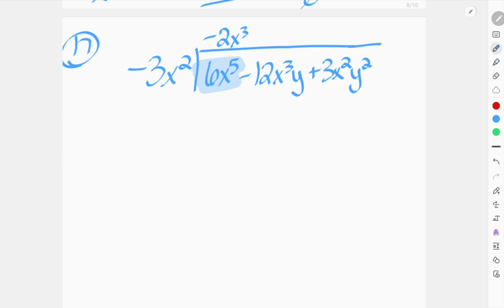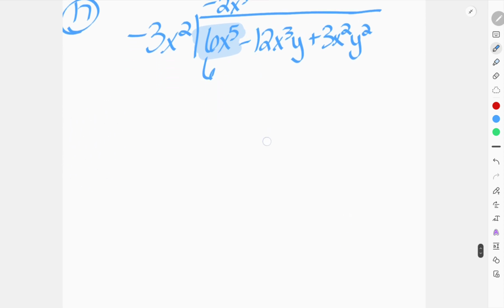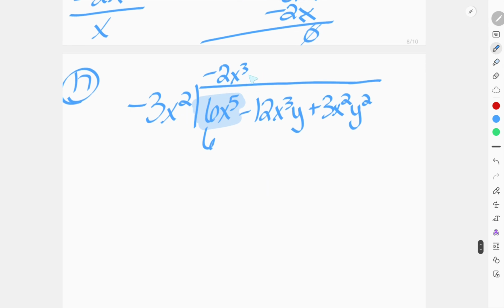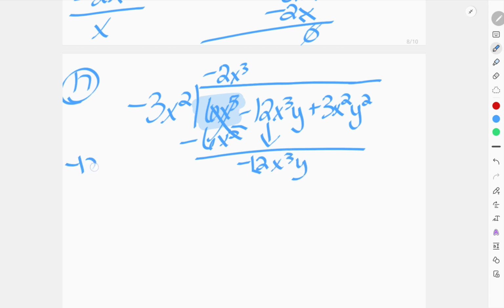Okay, so then you just multiply. Negative 2 times negative 3 is positive 6. X to the third times x squared is x to the fifth. You subtract, those cancel. Bring down my next term, which is negative 12x to the third y. So negative 12x to the third y divided by negative 3x squared. So what do I get?